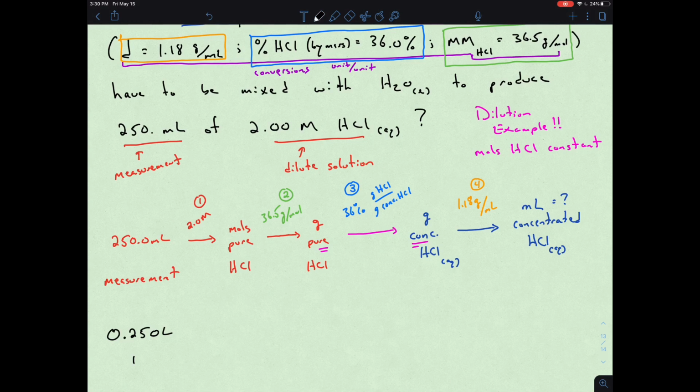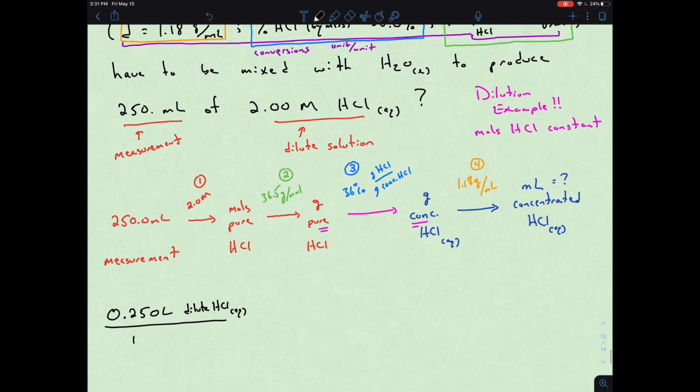This would be of the dilute HCl solution, and we would then want to use that molarity of 2.0 moles of HCl per liter of this dilute HCl solution.